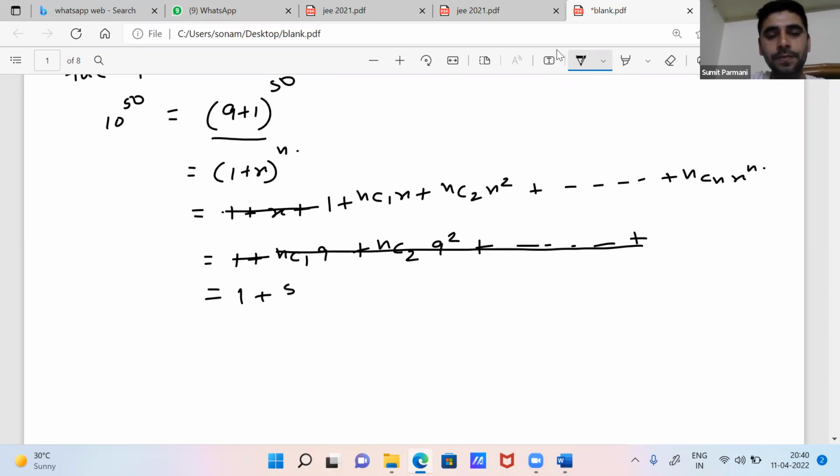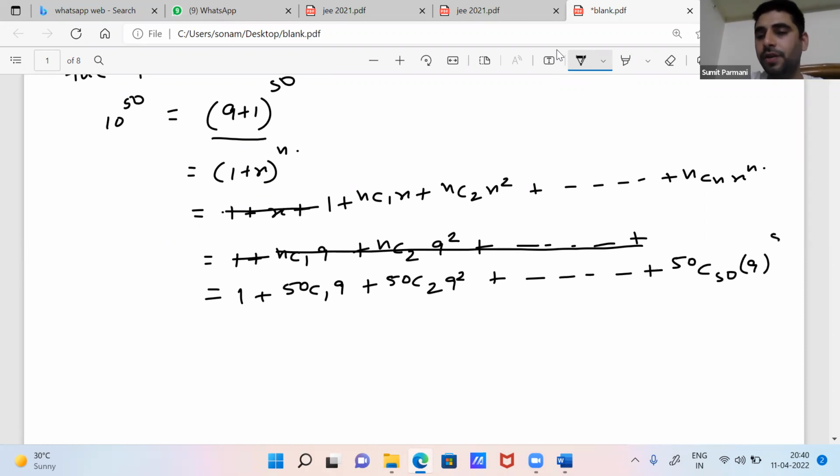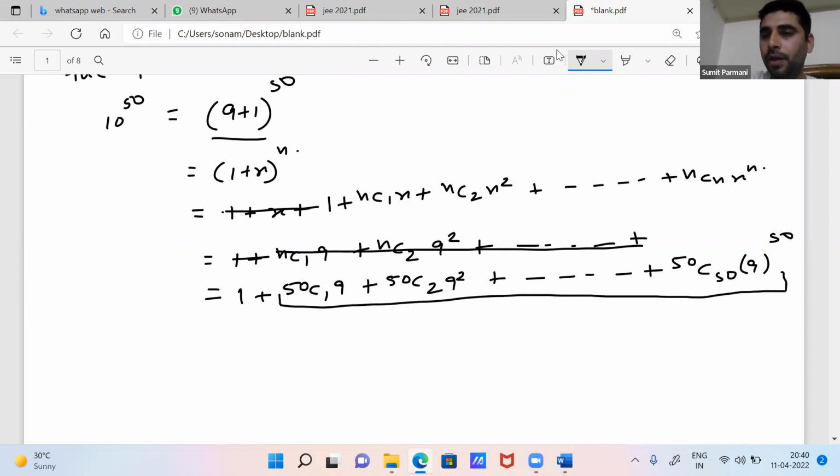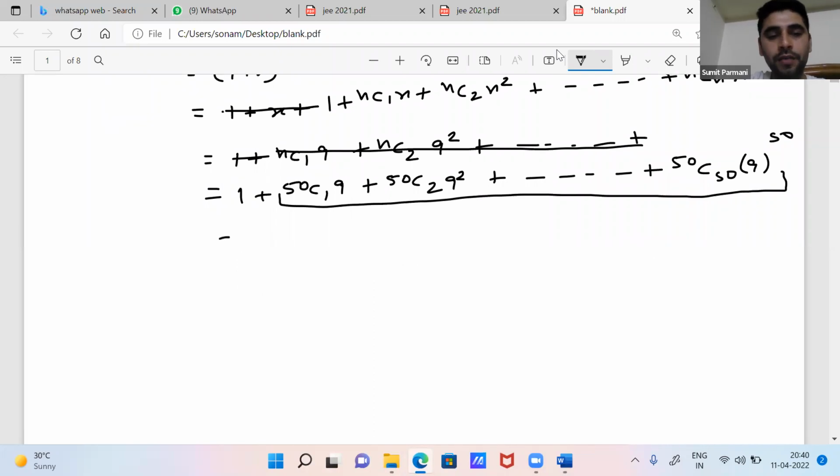So 1 plus 50C1 9 plus 50C2 9 square plus and so on till 50C50 9 raised to the power 50. Now from here, what we can see, each and every term is a multiple of 9. Therefore, the form is 9k plus 1.